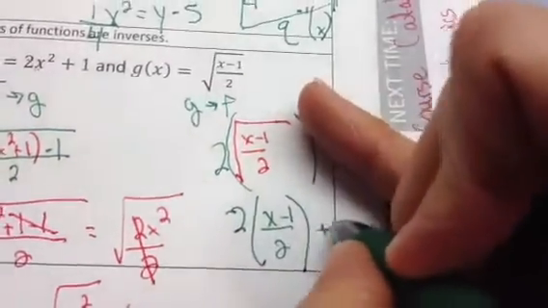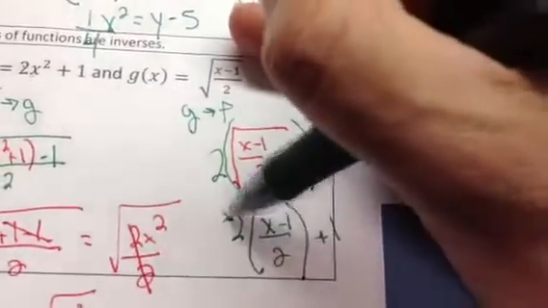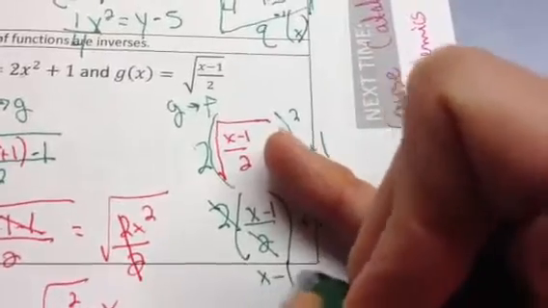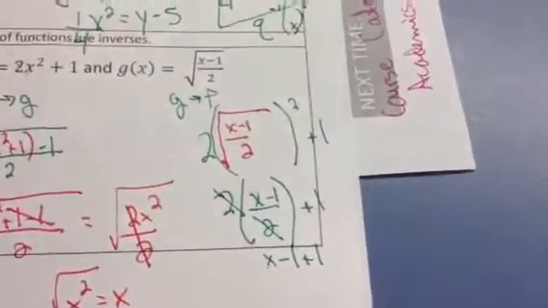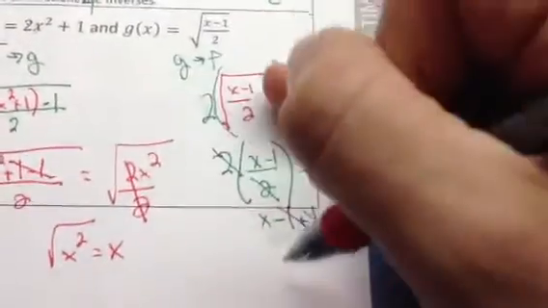Okay. Now after my parentheses and exponent, I'm going to multiply. 2 times a half, those cancel out. And when I'm done, the 1's cancel out. Whoops. So now that I'm done, I'm just left with x.